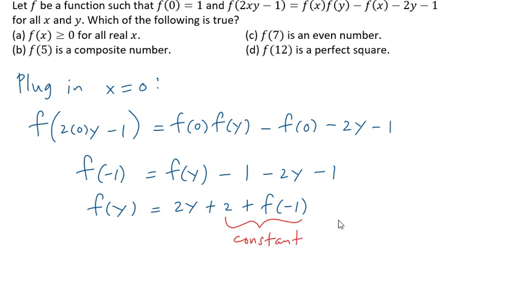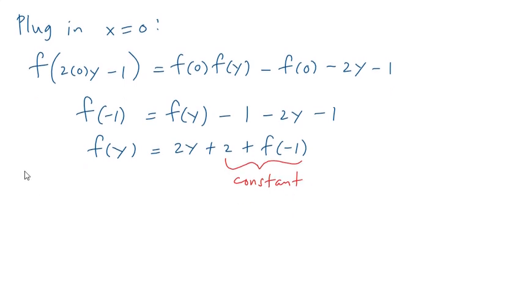So what I'm going to do next is let c be equal to 2 plus f of negative 1. So our function f of y becomes f of y equals 2y plus c.